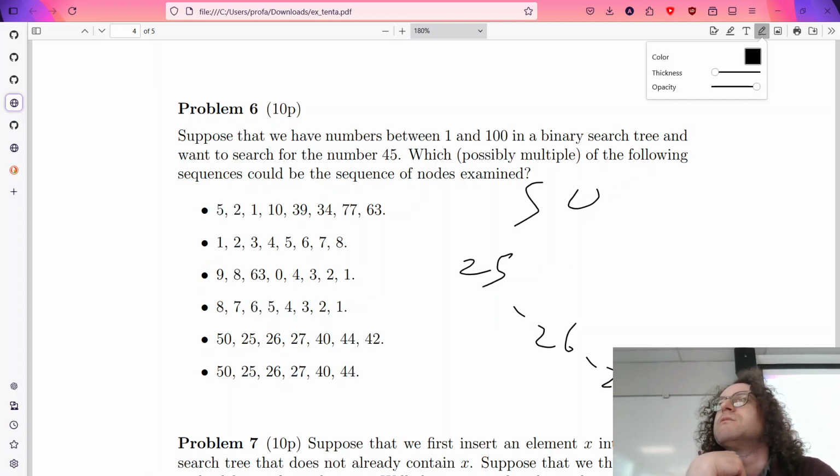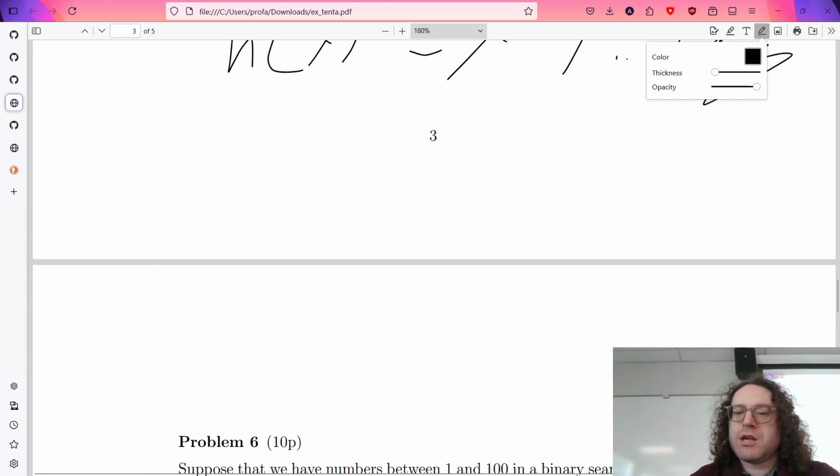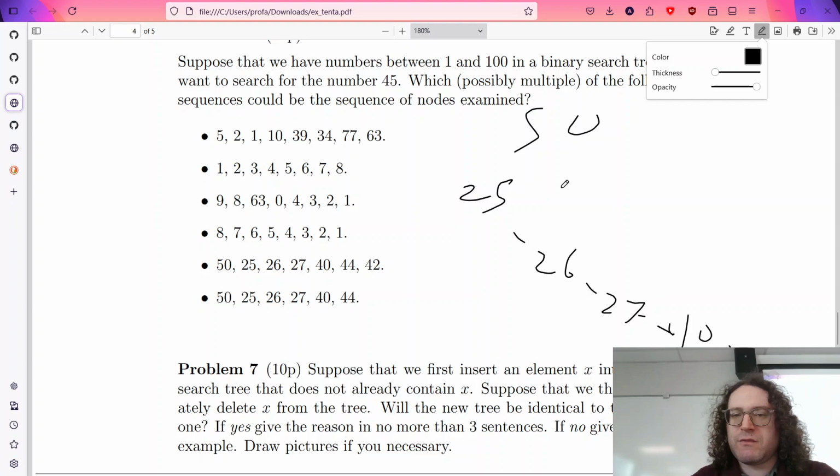Nope, that works too, because at each step, 50, that's plausible because 25 is less than 50, keep going up. If we were at 44 and 42 were inserted, where should it go? It has to go to the left of 44. So this is a plausible sequence. Similarly, because this works, then this one works.